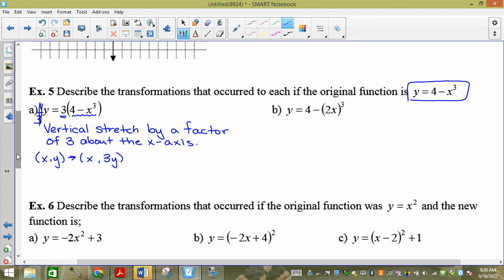Now what happens on B? What do we have happening here? The 4 is the same, the minus sign is the same, the 2x is the change. It's with the x, so it's a what kind of stretch? Horizontal. It's a horizontal stretch by a factor of?